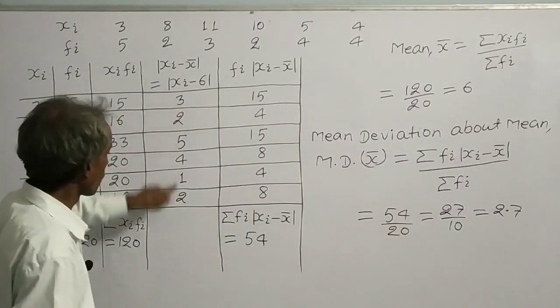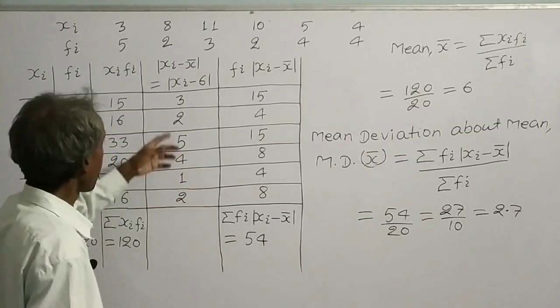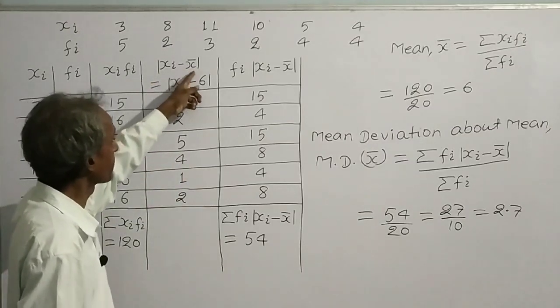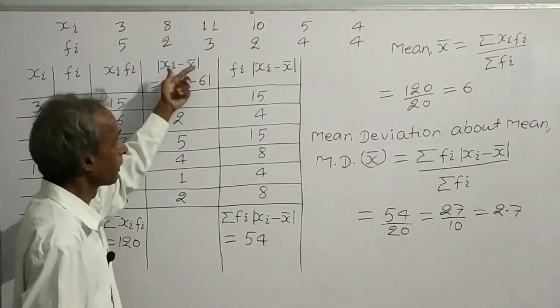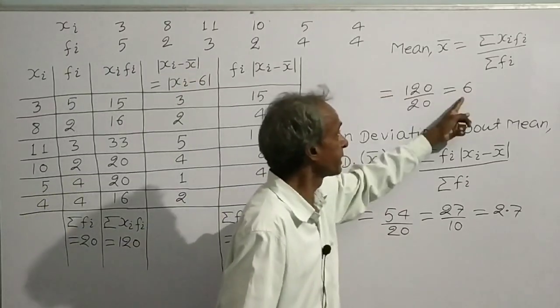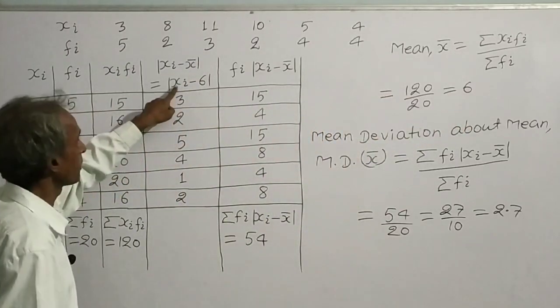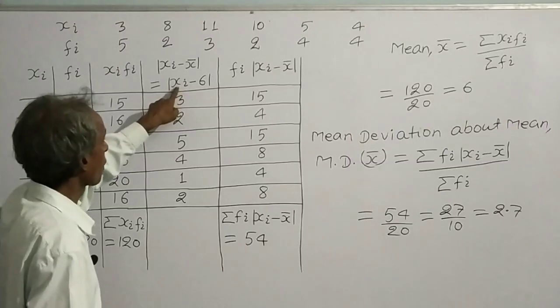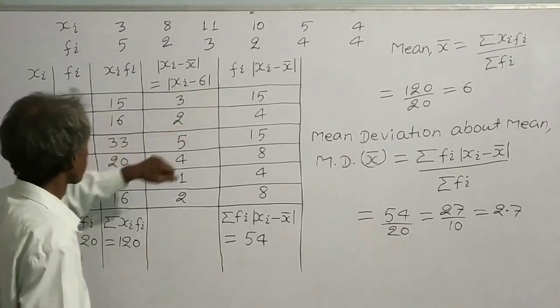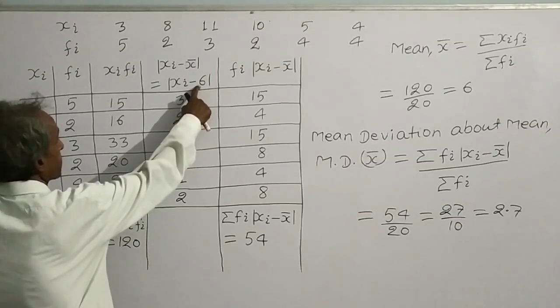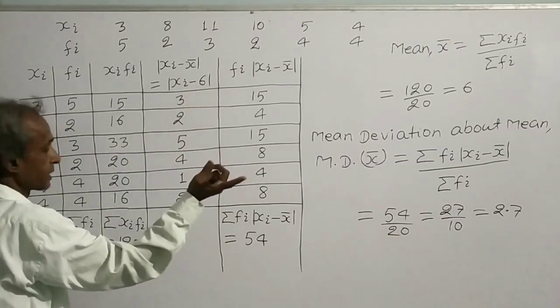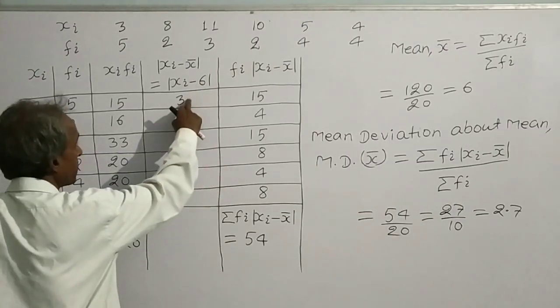Now, in this column, we find value of mod of xi minus x bar. But x bar is 6, therefore we will find value of mod of xi minus 6. 3 minus 6 will be minus 3 and its mod will be 3.